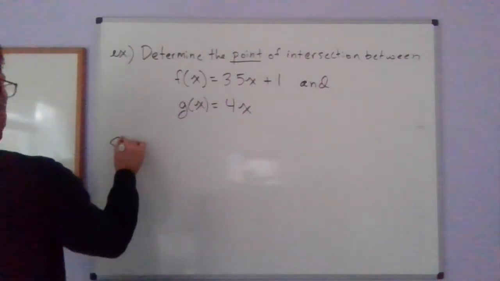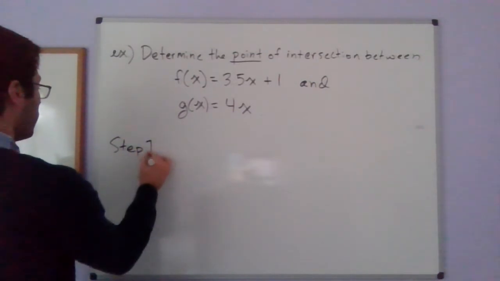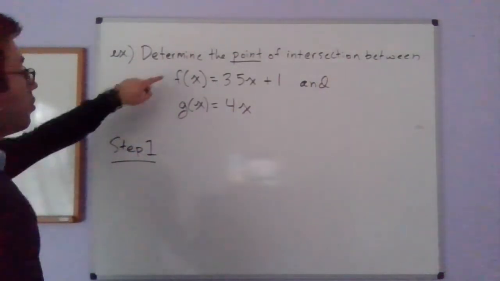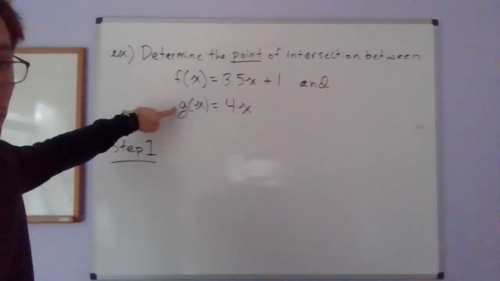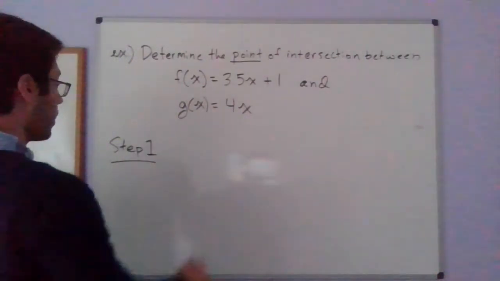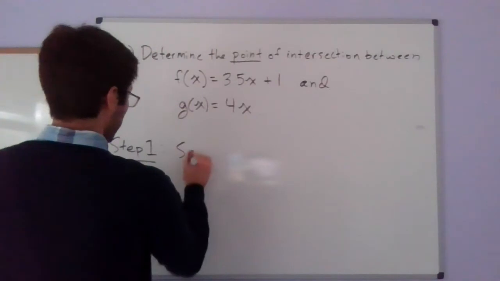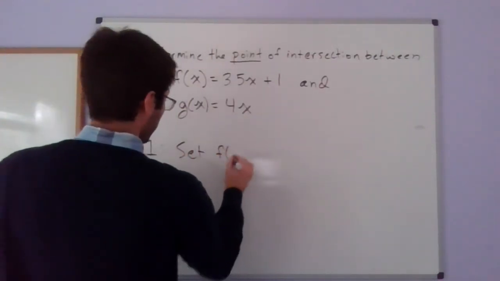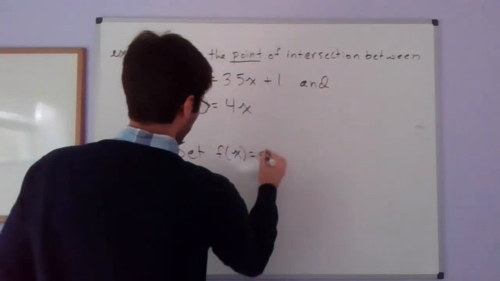Step 1, always set your two functions equal to each other. You can't go wrong on that step. You just set them equal to each other. We set f of x equal to g of x.